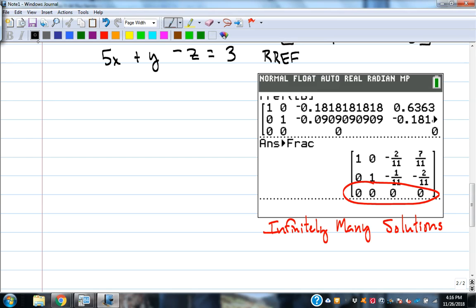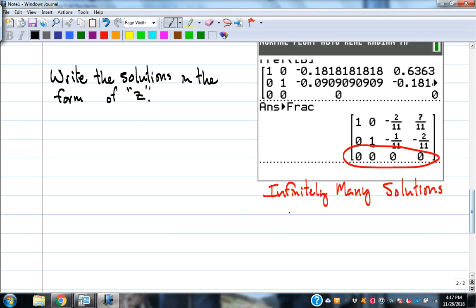So what we want to do is write the solutions in the form of Z. They're going to tell you what variable to use. And what you're going to do is take those other two rows of the matrix and use those to write the ordered triple in the form of Z.